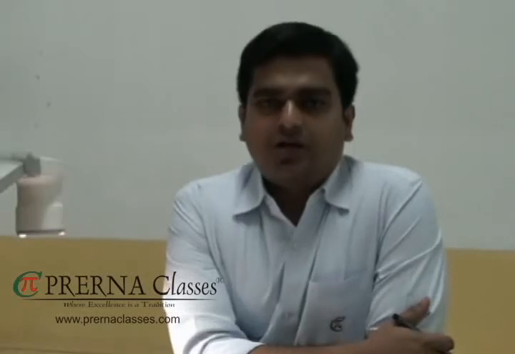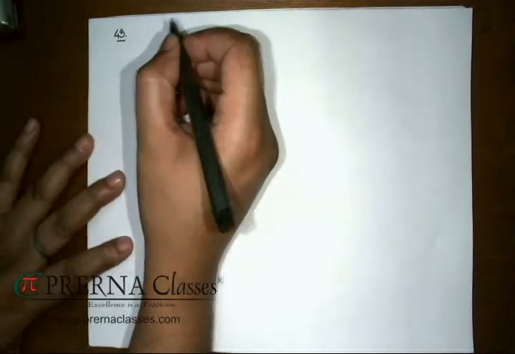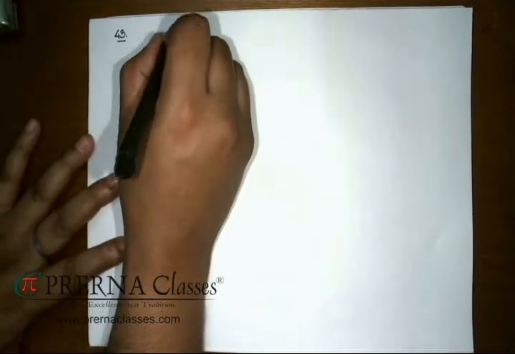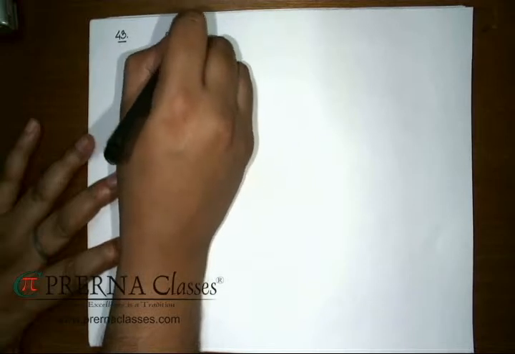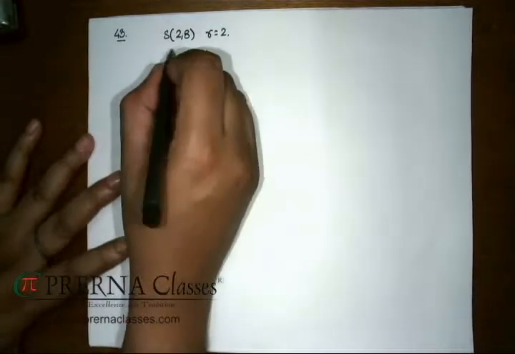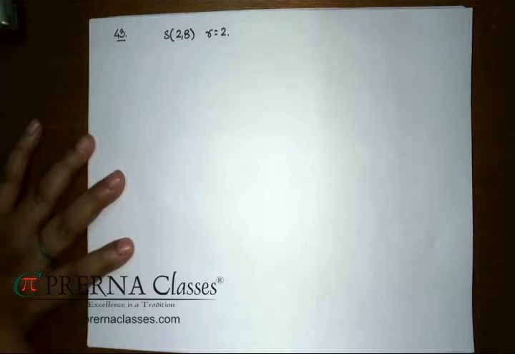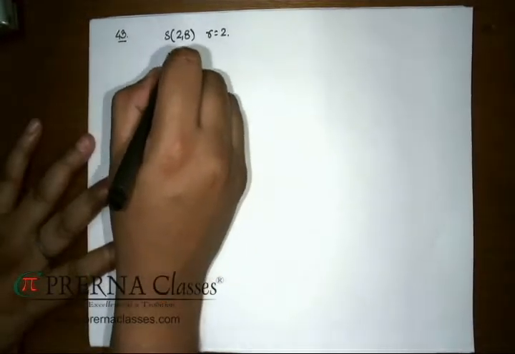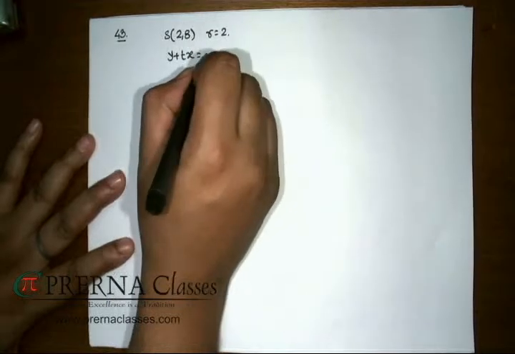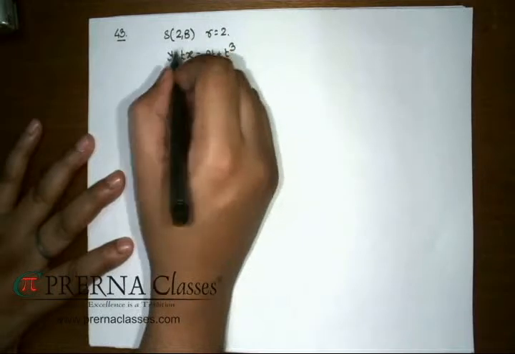Next problem is related to the multiple option correct section. The first problem was related to a parabola and a circle. The center of that circle is given to you in that problem as (2, 8) with radius 2. And you are looking at the shortest distance. Obviously the shortest distance you can measure along a common normal. So let's write down the equation of the general normal to that parabola. And since this is normal to the circle, clearly (2, 8) should lie on it.